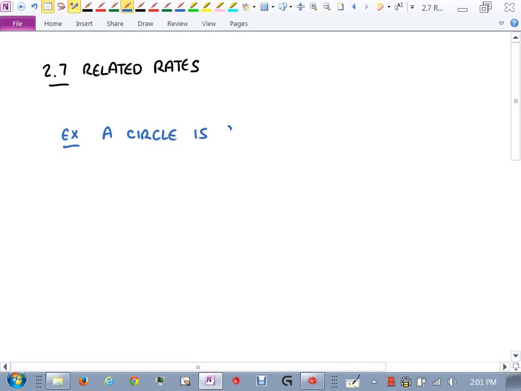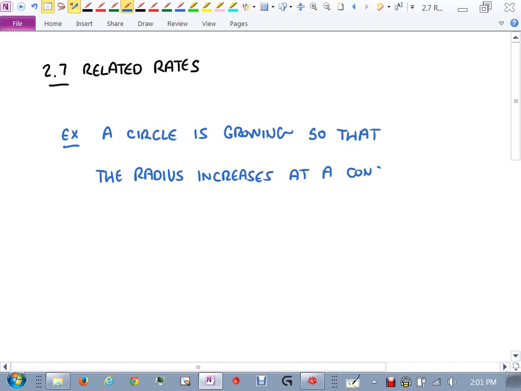is growing so that the radius increases at a constant rate of 2 feet per minute.